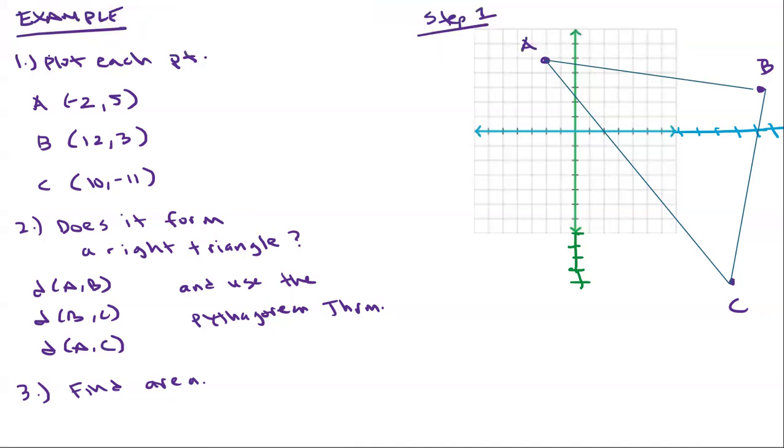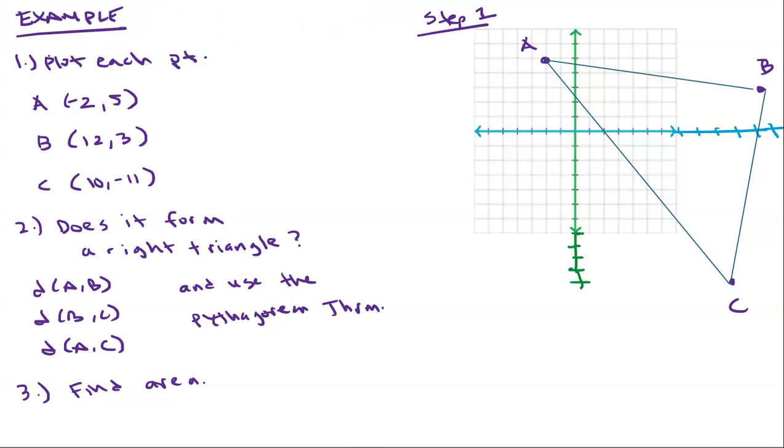We do that by using the distance formula. Once we find the distances, we use the Pythagorean theorem to show whether or not it is a right triangle. If it is, we go on to the last step, which is to find the area of the triangle.